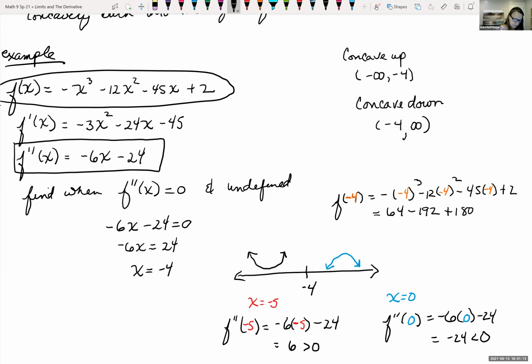If I did this right, 64 minus 192 plus 180 plus 2 gives us back 54. So our inflection point was x is negative 4, our y value is 54.